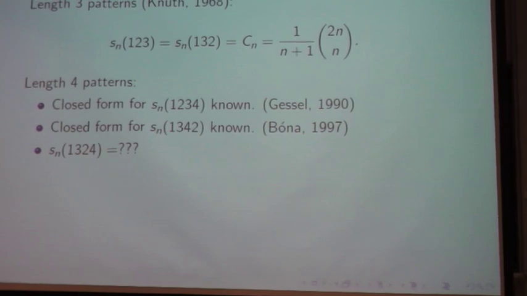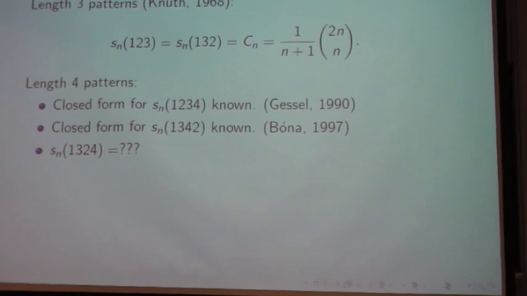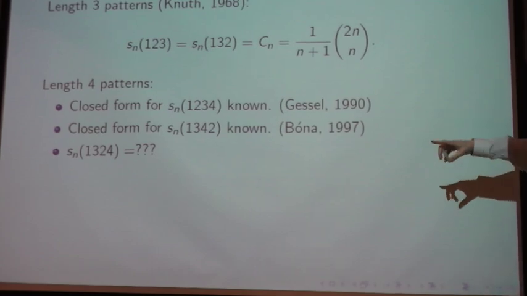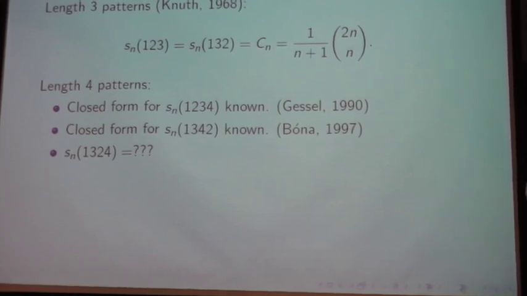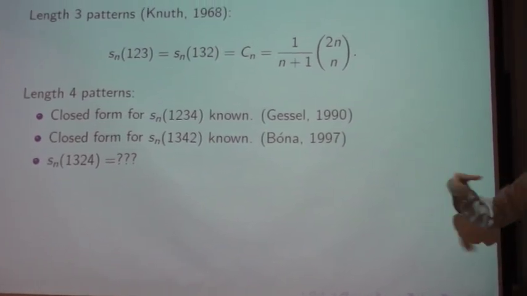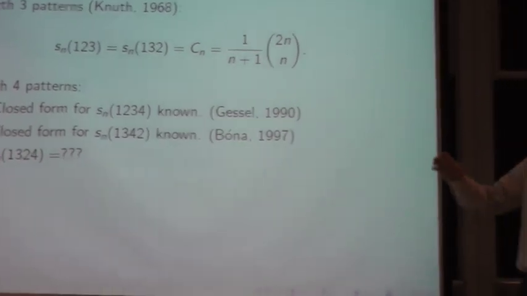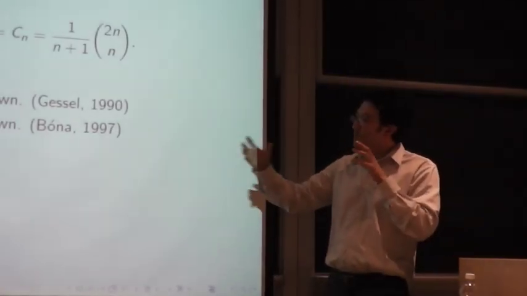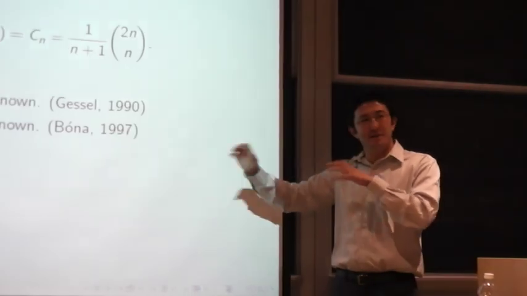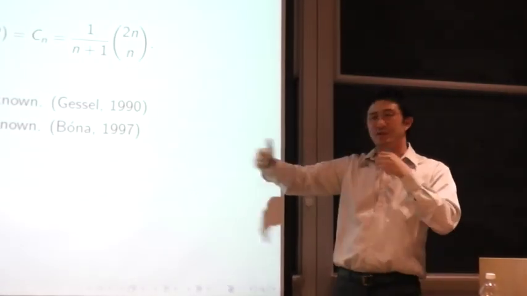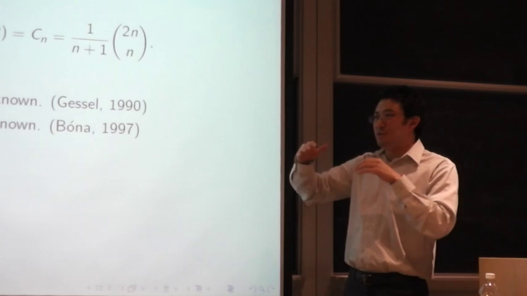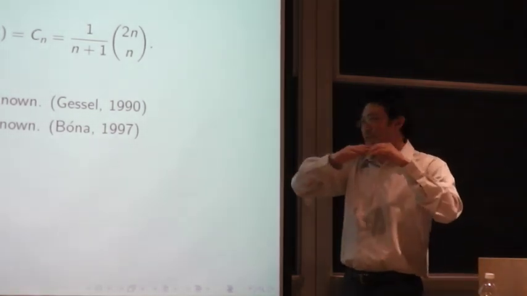Then the very last one, 1, 3, 2, 4. This is the one that's been notoriously difficult to enumerate. There's no good way to generate the sequence. There's no precise asymptotics known for how the sequence grows.